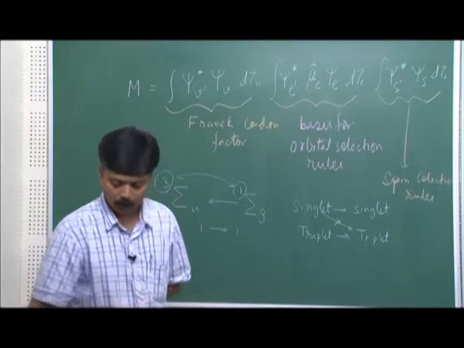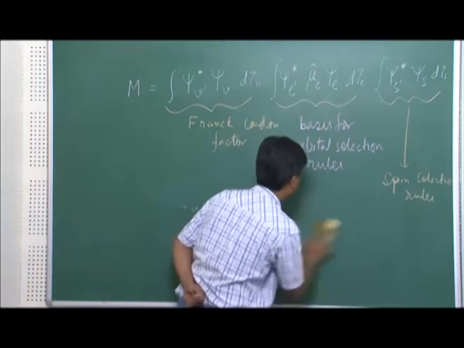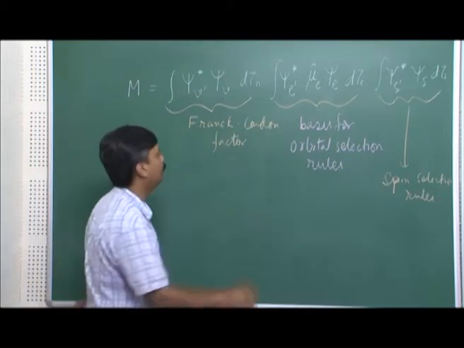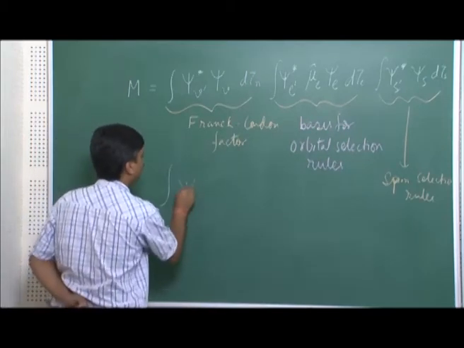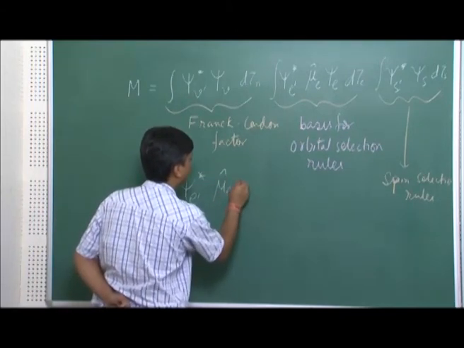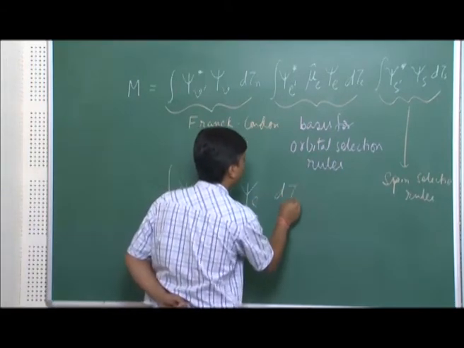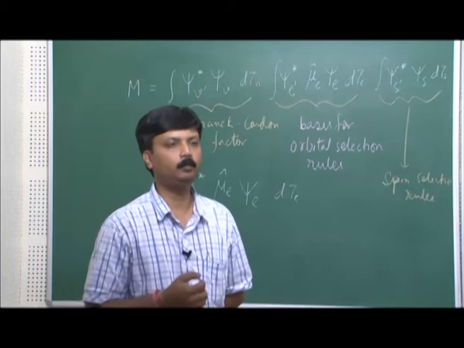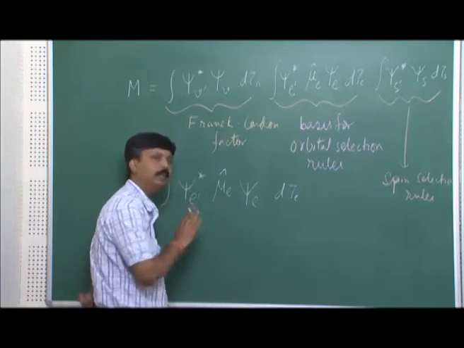So next, have a look at the orbital selection rule, right? So that is this particular integral. If I just take out this integral, what I have are two electronic states and the transition in between those two states. Now, just like what we got in the case of vibrational transitions, here also it has to be handled in the very same way.